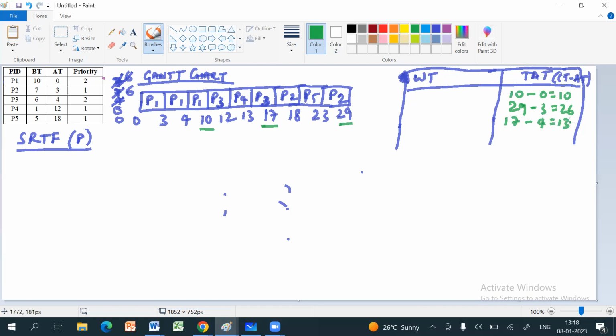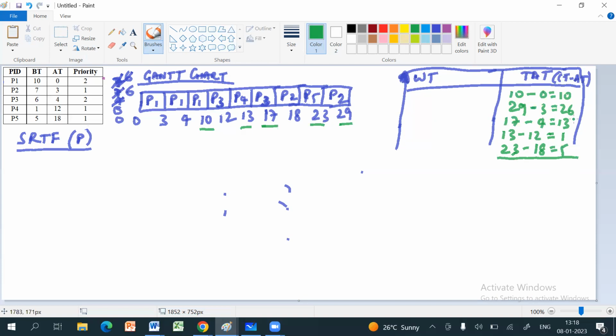Then lastly, there's one more. P4 has completed at 13, so 13 minus 12 arrival time is equal to 1. And lastly, P5 has completed at 23. 23 minus the arrival time 18 comes up to 5.